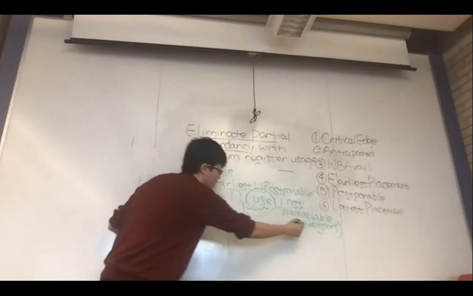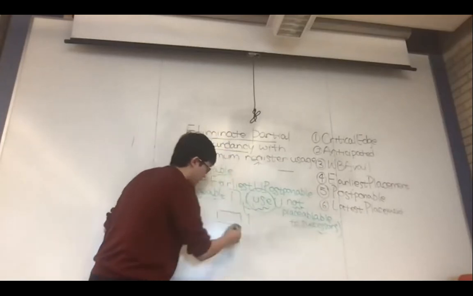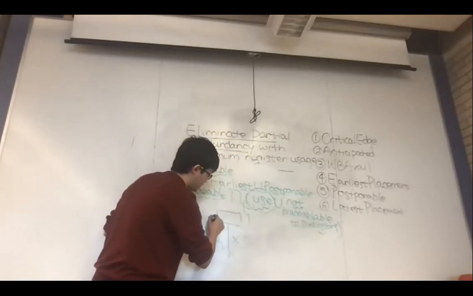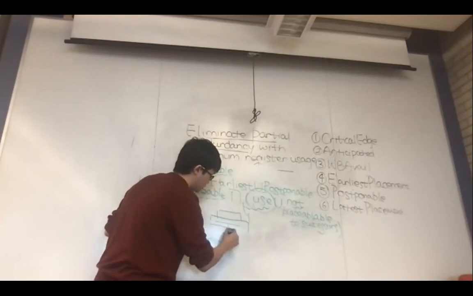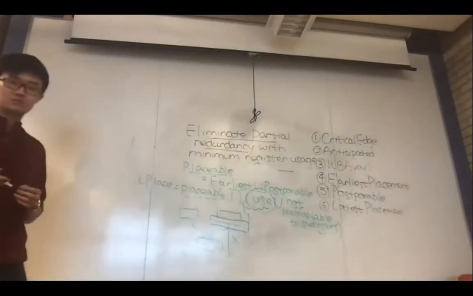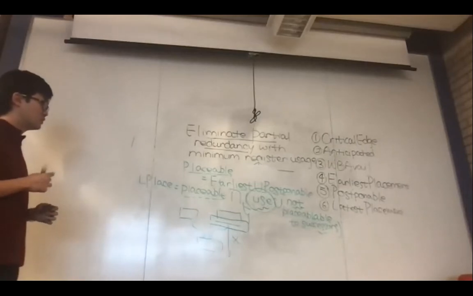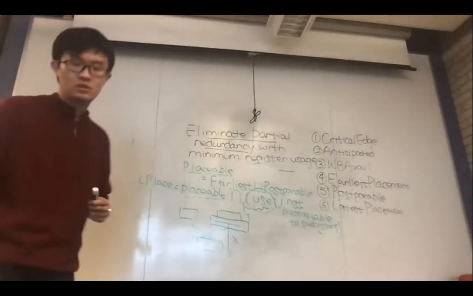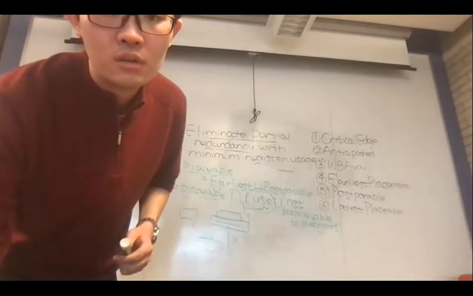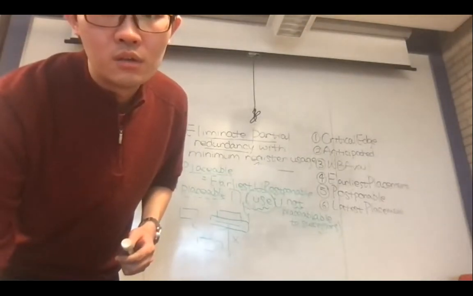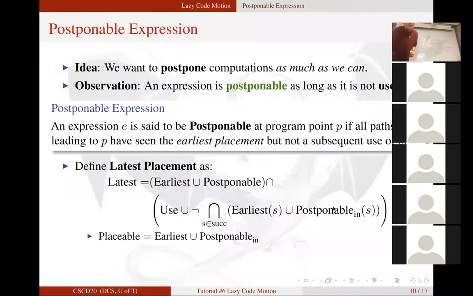We said it's not placeable to the successors, and therefore the latest placement for the expression is here. Is this clear to everyone about this formula? Well, that looks pretty complicated, but this is how it is interpreted.